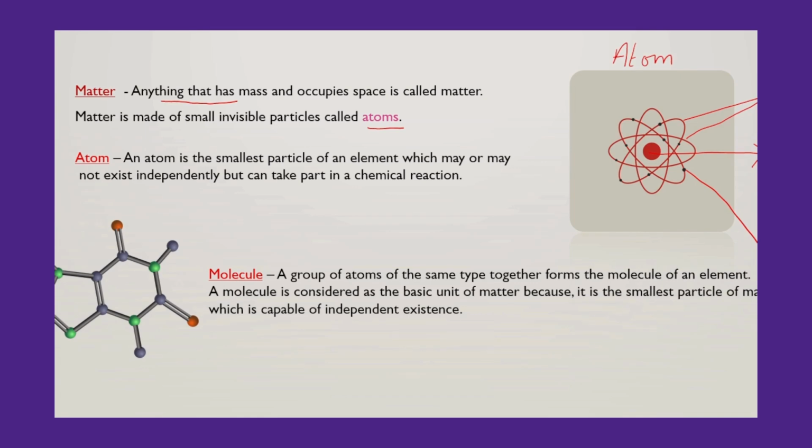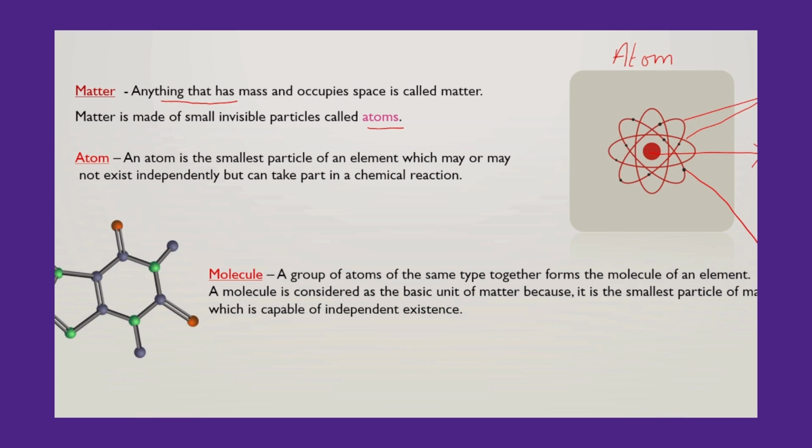An atom consists of a central nucleus. Inside the nucleus we can see positively charged protons and chargeless or neutral neutrons. And around the nucleus we can see these elliptical orbits. Those orbitals contain electrons which are negatively charged. Negatively charged electrons move around these orbitals.